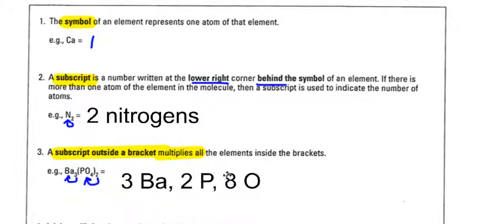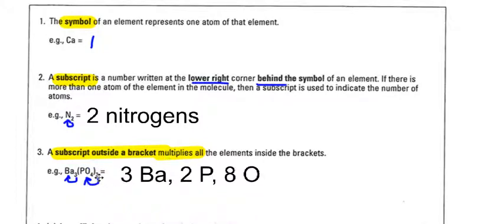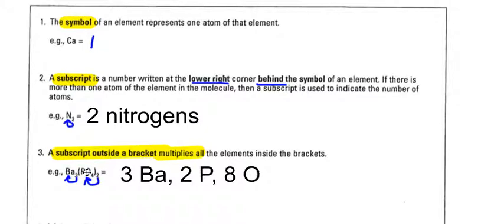Okay, so sometimes that's a little tricky when we have brackets, but just think of it as that subscript applies to what's immediately before it. I have 2 groups of PO4s, so the 2 P's, 2 times 4 is 8, or think of it as multiplying the inside numbers by the outside number.